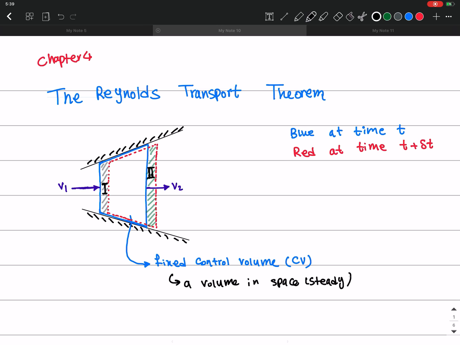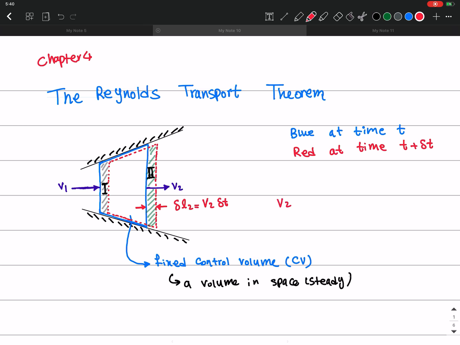And what is this length? Can you think about it? If you want to estimate this length, we have the velocities here. This is V1 and this is V2. And also we know the time step is delta T, right? So this length, which I call delta L2, should be what? Should be V2 times delta T, right? Why?